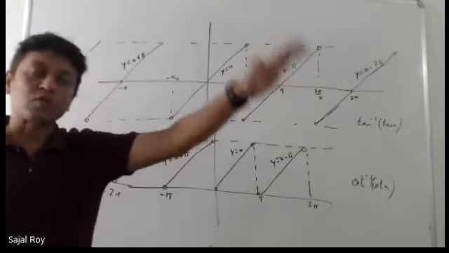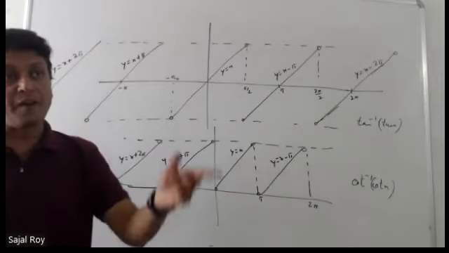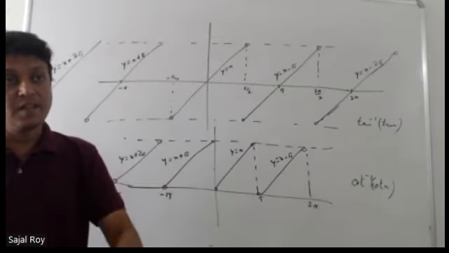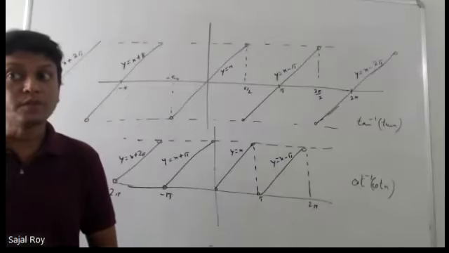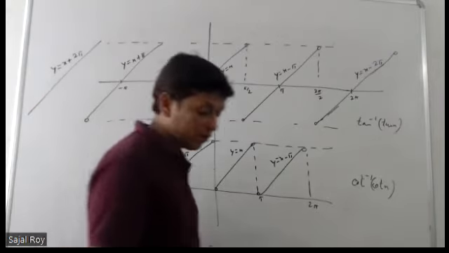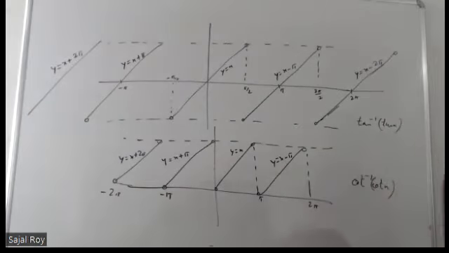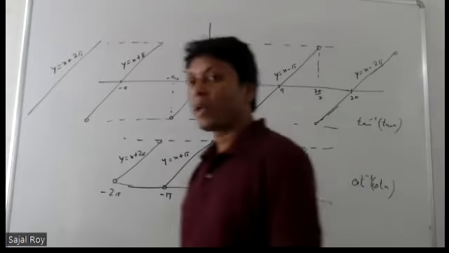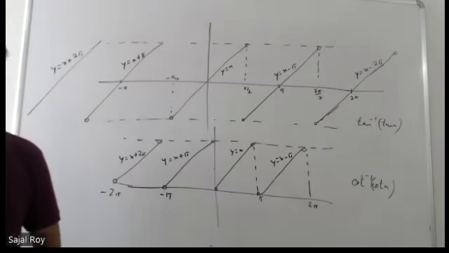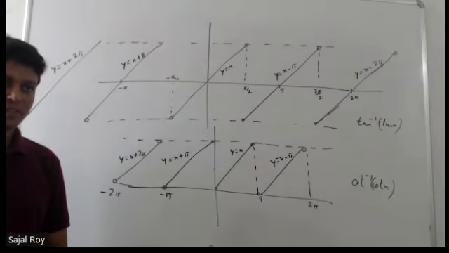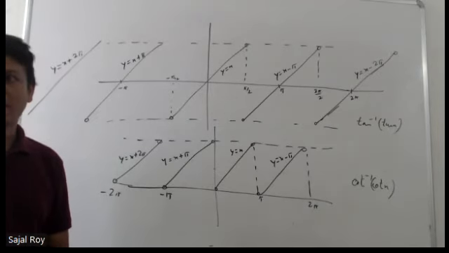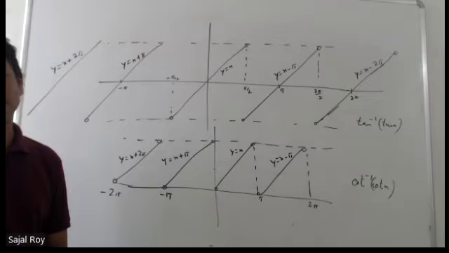And for sec inverse sec x, it is similar to cos inverse cos x, but you have to exclude odd multiples of pi by 2, that is 2n plus 1 into pi by 2, to get the graph of sec inverse sec x. Am I clear? Okay.